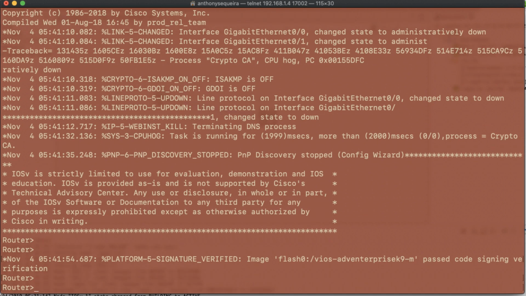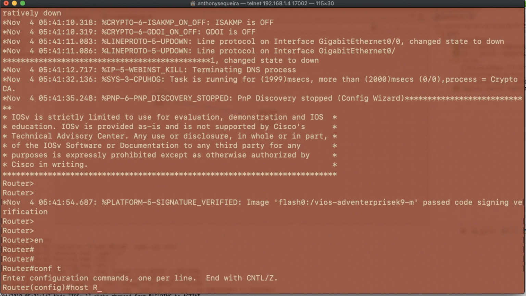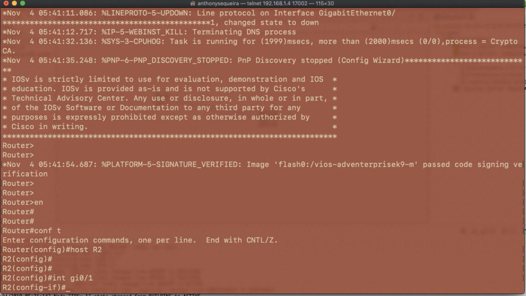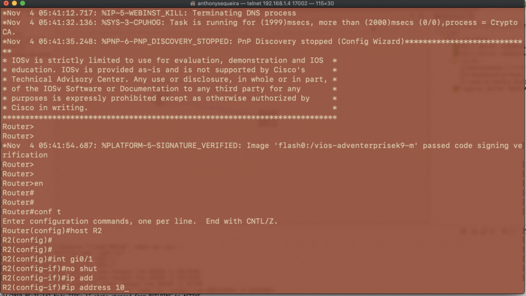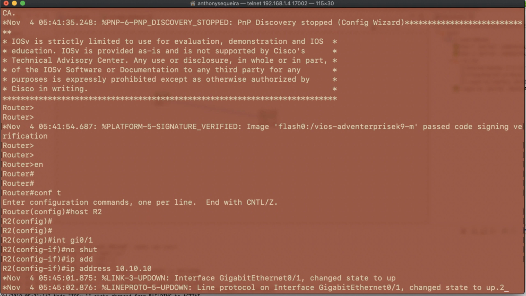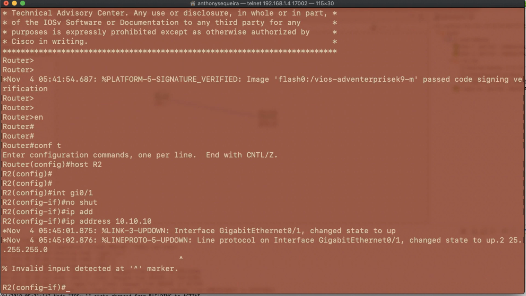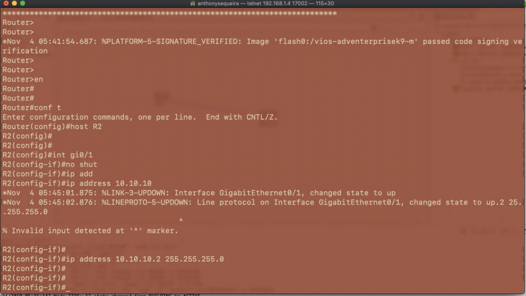So I'm going to go into this device and give it a host name. This is the R2 device, interface gigabit 0/1. We're going to no shut it and put an IP address on it. I really could do with some synchronous logging right now because those messages are interrupting my typing. 255.255.255.0, great.